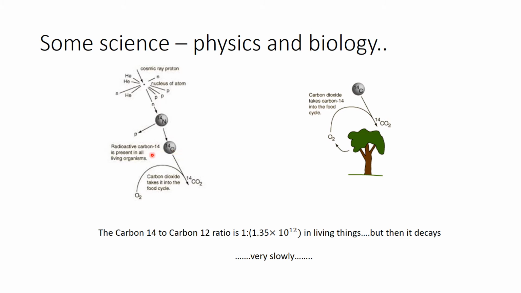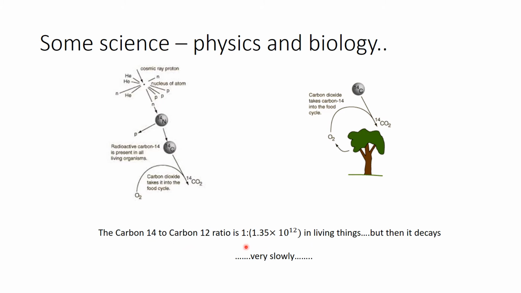This is radioactive, and this is part of the carbon dioxide that is absorbed by plants in the photosynthesis process, and they discharge oxygen, but people and animals consume the plant life, and so this carbon dioxide and this radioactive isotope finds its way into the food cycle.